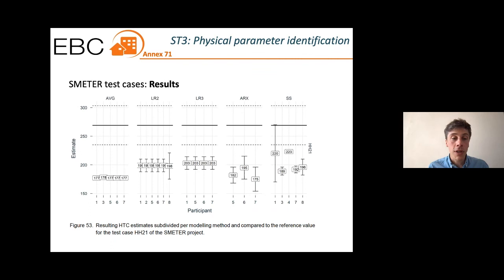So these are the results that were obtained by the different participants. For each of the graphs, you will see some numbers on the x-axis. In this case, these are not approaches, these are participants. So you have all of the participants applying the same method, essentially. And what is interesting about this result is that for the more simple methods, the results of all participants align very well.